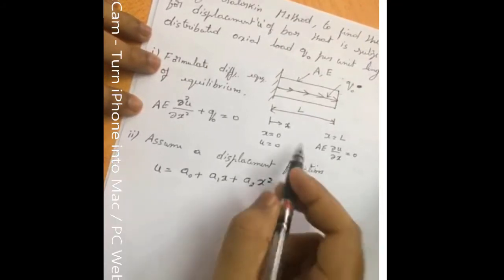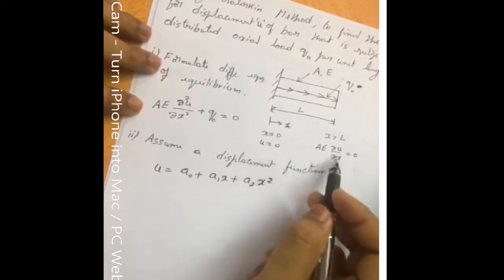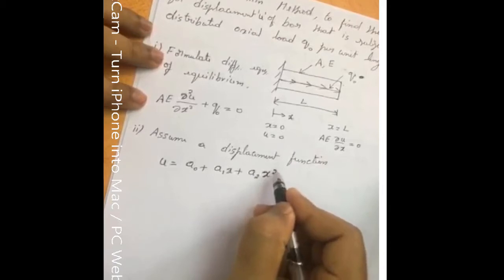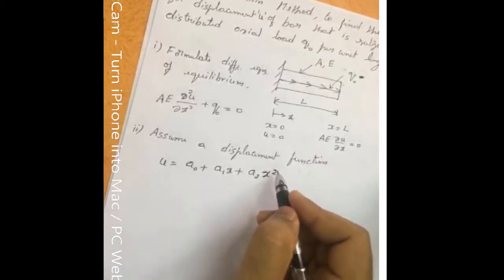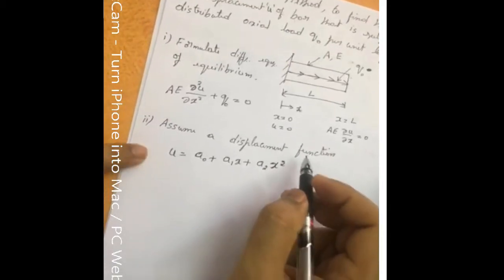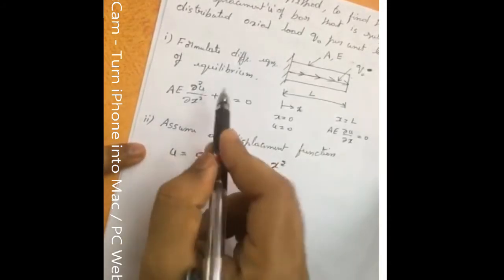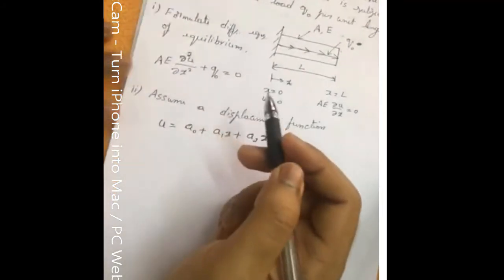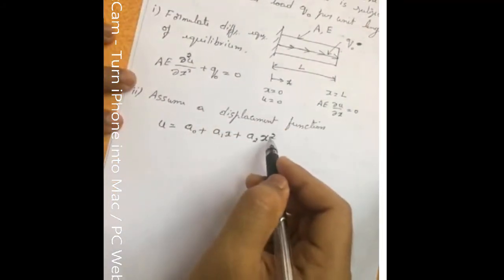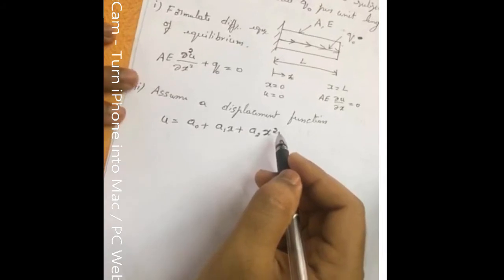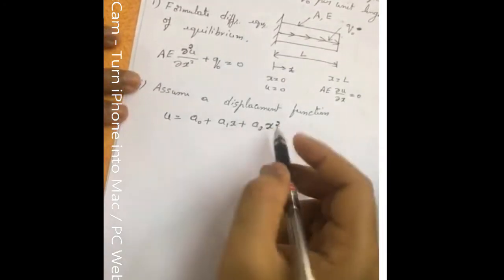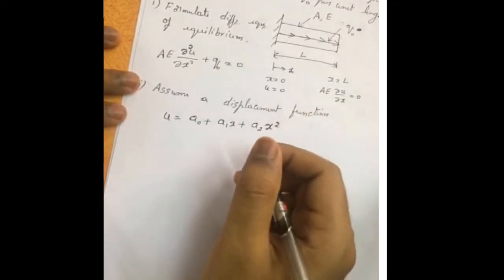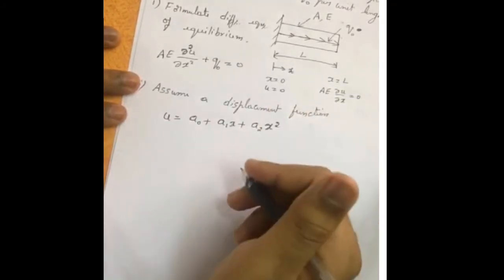Here the essential boundary conditions are 2, so the minimum degree should be 2. Also, the governing differential equation has dou square, so the degree is 2. If you assume less than 2, there will not be any residue, so it is not possible to solve the problem.